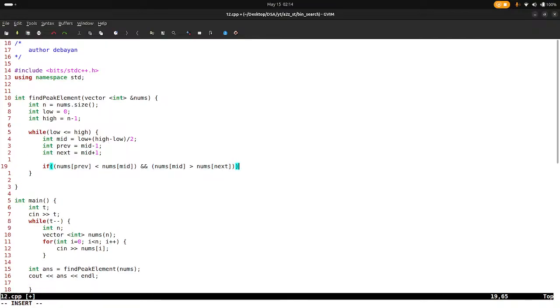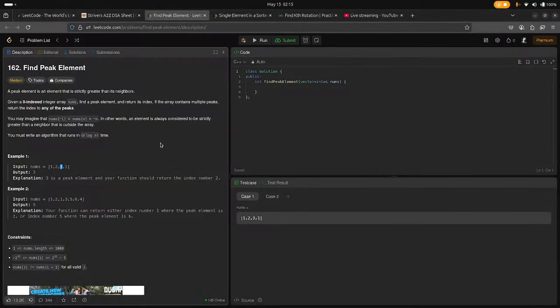If I get any position like this, I will directly return mid. Should I return mid or the index? Always consider the index, okay.